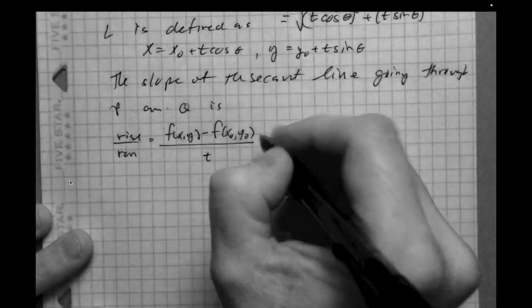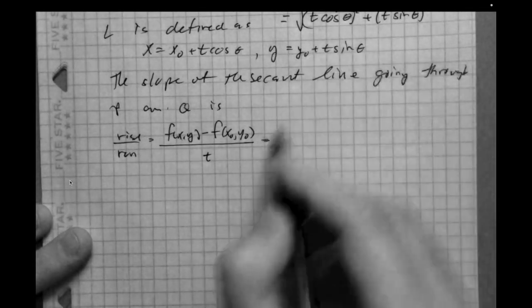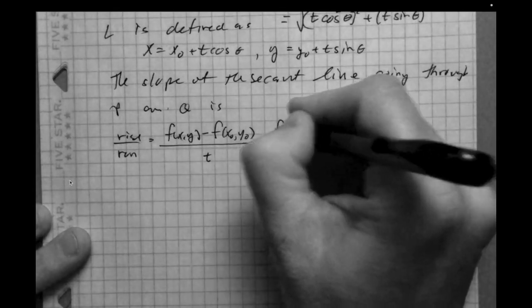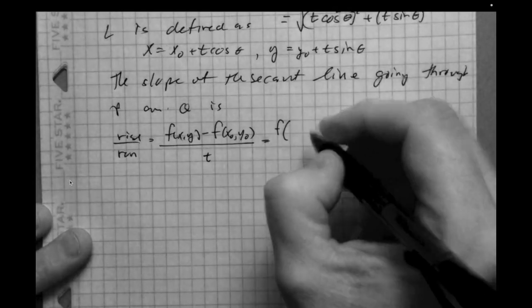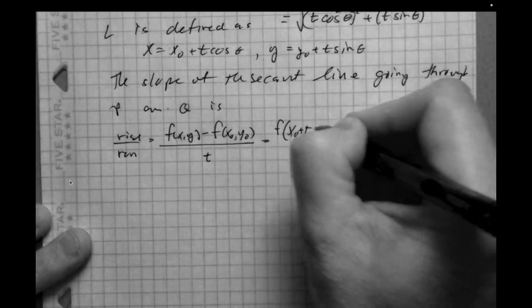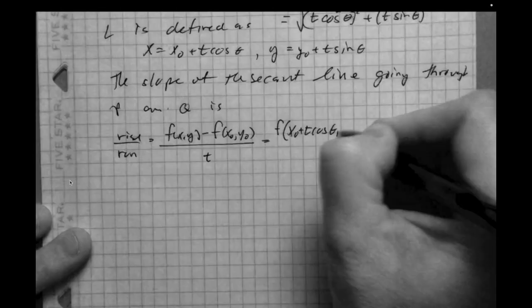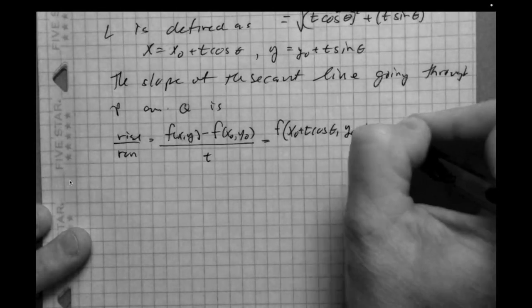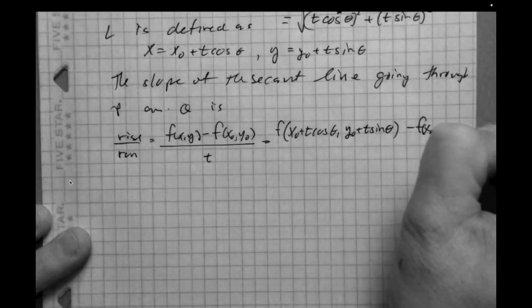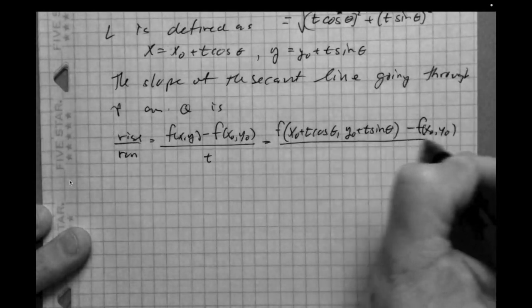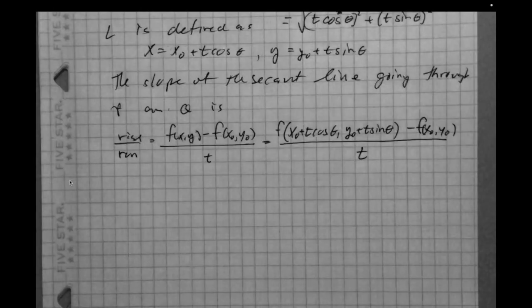Let's rewrite this in a little more detail: this is going to be f of x naught plus t cos theta, comma y naught plus t sine theta, minus f of x naught y naught, all over t.